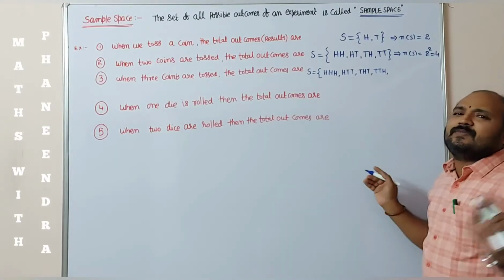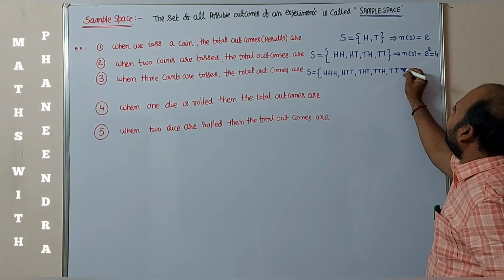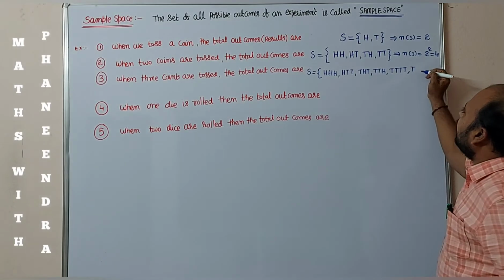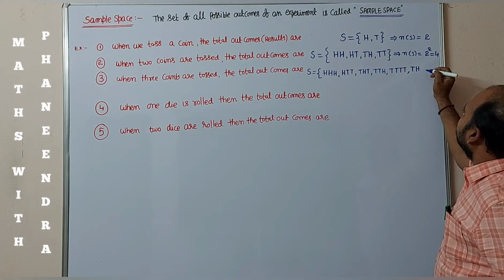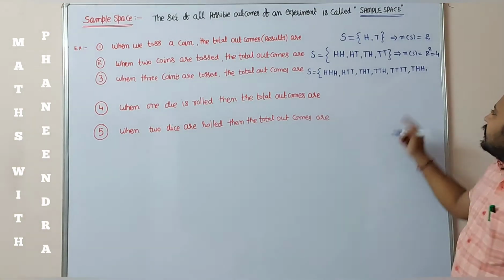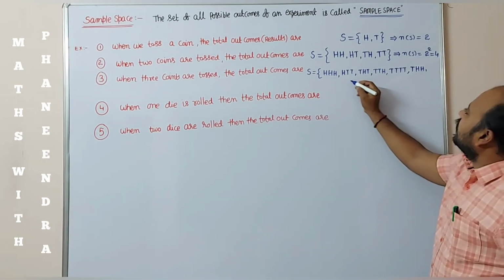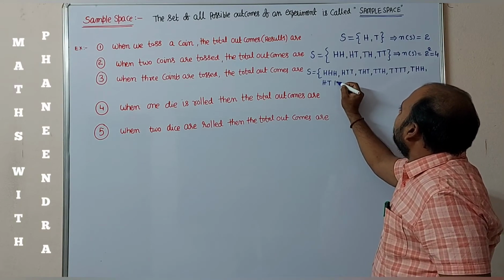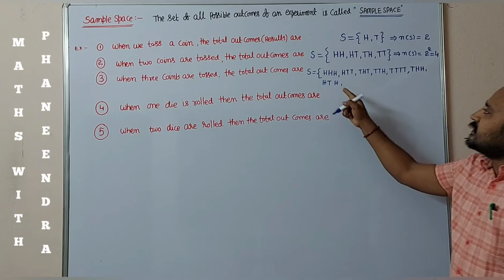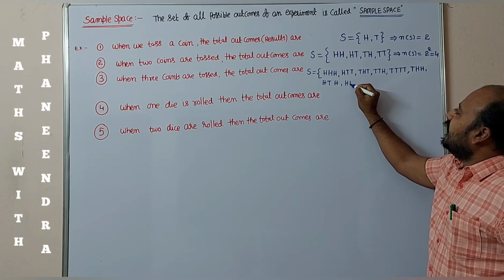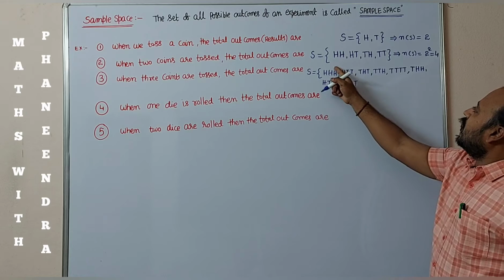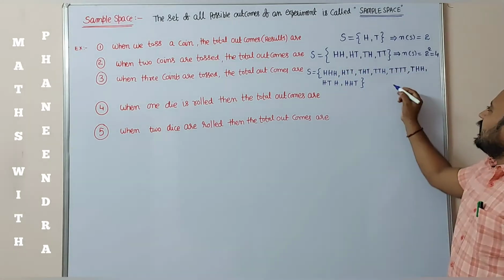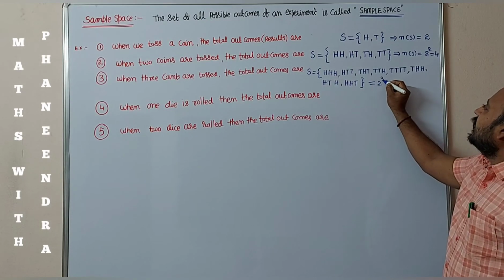After that, all tails will come, TTT. Next, THH. Next, this T will be in the second place, HTH. Next, this T will become last, HHT. Once you check, 1, 2, 3, 4, 5, 6, 7, 8. 8 possibilities are there. Can we write it like 2 power 3? 8.